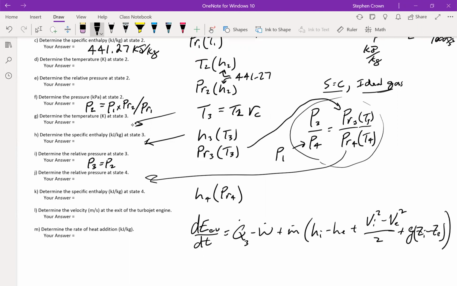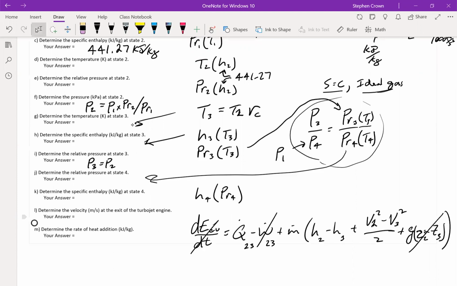And for process 3, 4, or actually 2, 3, which is our heat exchanger, this would be 2 at the inlet, 3 at the exit. We're saying there's no change in elevation, there's no work for the heat exchanger, it's steady state.